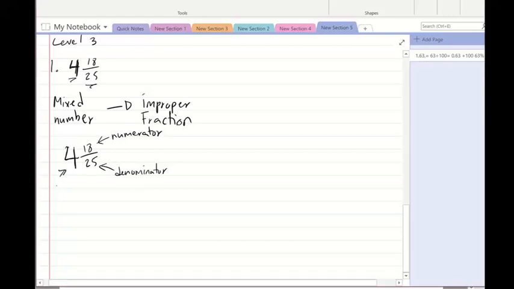It's really important that you understand the different components. So the 4 is your whole number, 18 is your numerator, 25 is your denominator, right?